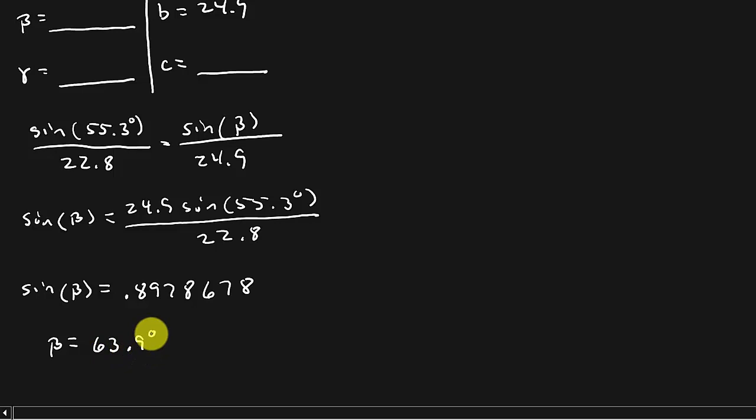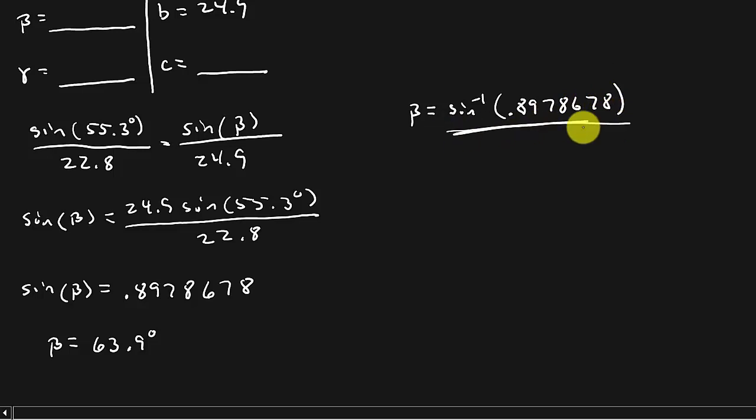All right, so you might be wondering, well, how did you get the 63.9? Well, I did this. Beta is equal to the inverse sine of 0.8978678. That's what I punched in my calculator. You take the inverse sine of this number to get your angle.